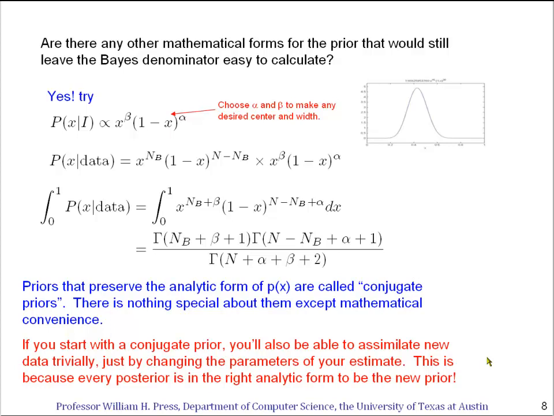Or we could take the probability distribution that we got out of the first 35, which has this functional form for certain values of alpha and beta, and that could simply be the prior for our new estimate, and our new estimate would have this same functional form. So that's the convenience of conjugate priors. And there are conjugate priors for many different probability distributions, not only for this probability distribution that occurs in Bernoulli trials.